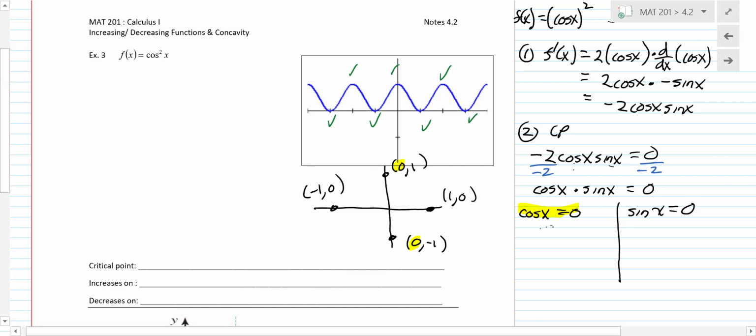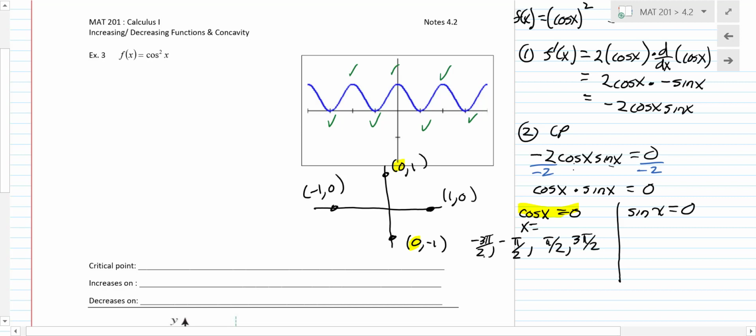So what you'll have here, let's write this out: x is equal to pi over 2, 3 pi over 2, then negative pi over 2, and then negative 3 pi over 2, and so forth.